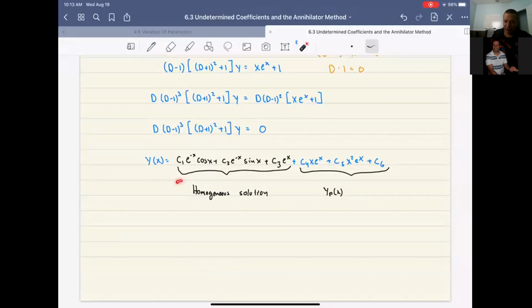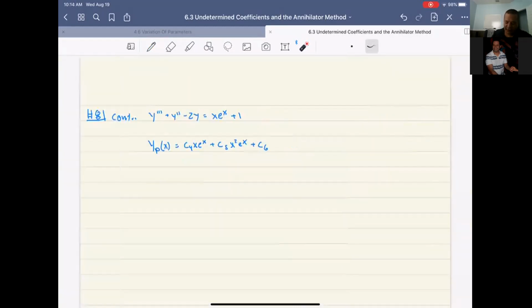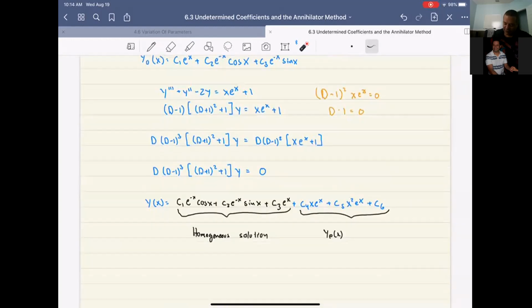On this page, we split it into a homogeneous part and the particular part. Now we've got to find these coefficients. The coefficients of the homogeneous solution would be given by the initial conditions. And the coefficients of the particular solution, those we're going to have to find.